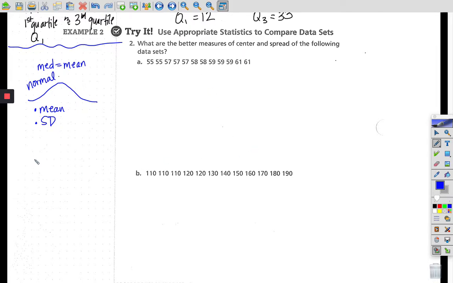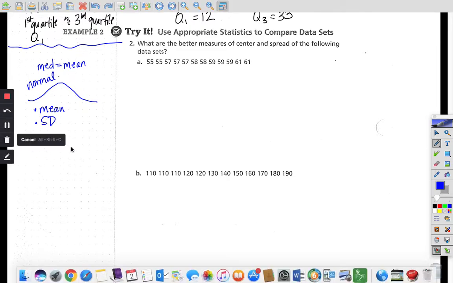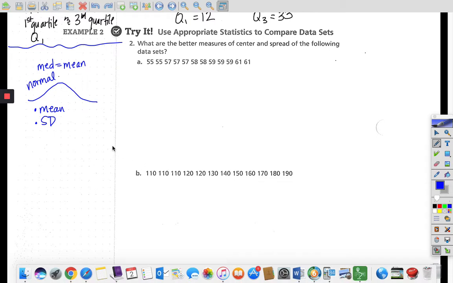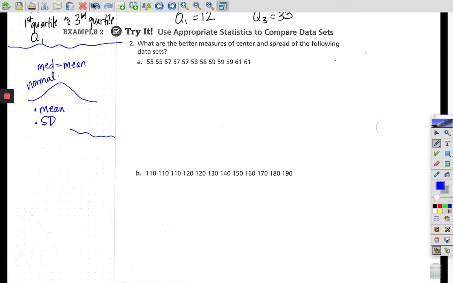However, if your median and mean are not equivalent, that means your data is either skewed left, so the graph would look like this, so it would be negative.